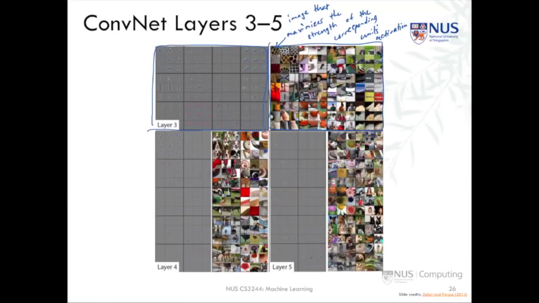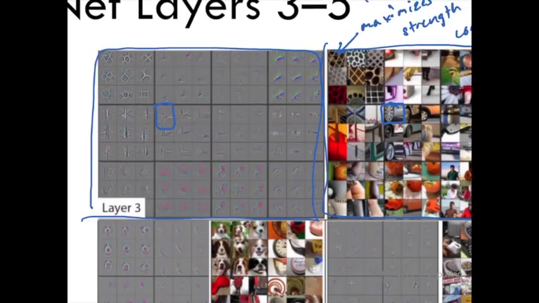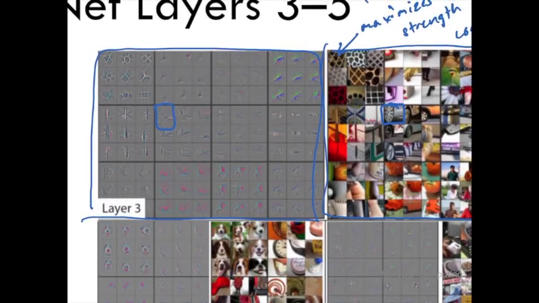So for example, this particular one looks like a wheel. You can see that this particular wheel is maximally activated by this particular pattern. So it's a wheel on the left-hand side of a car bottom, similar to many of the other patterns that are activated in this image.